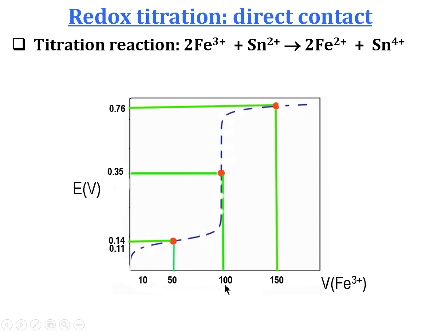For 100 ml, the equivalence point, the potential equals 0.35. And for 150 ml, the potential of the solution is equal to 0.76. So we obtain a curve which is identical in shape to the variation of the pH as a function of the volume added in the chapter acid base.